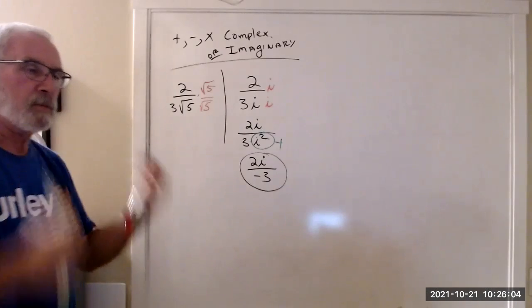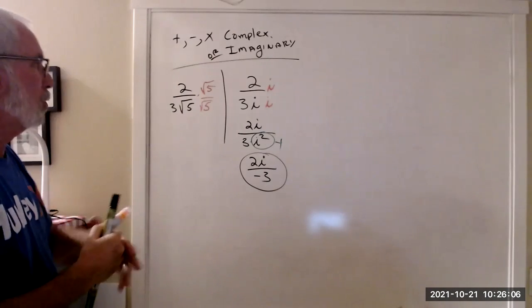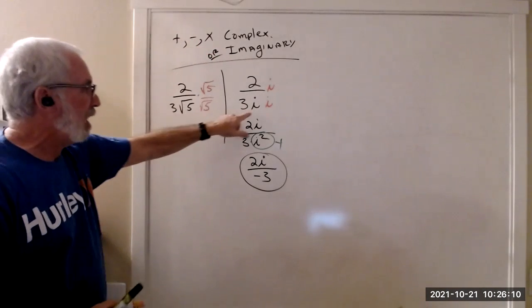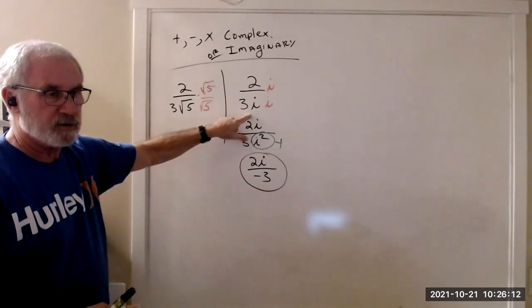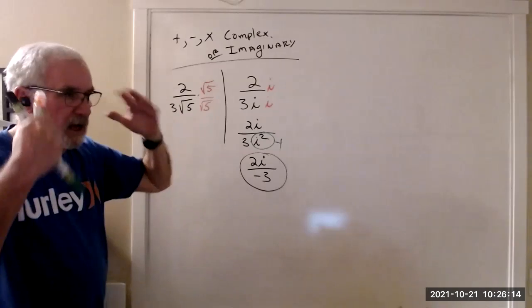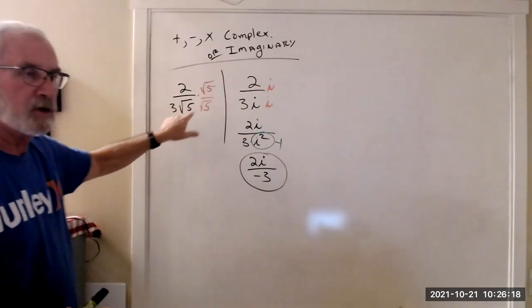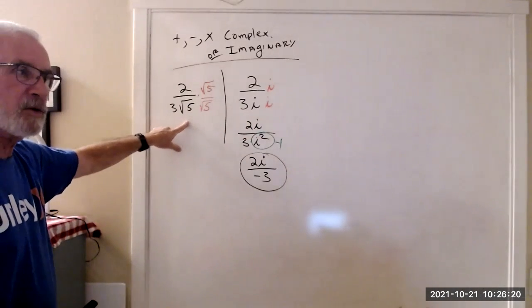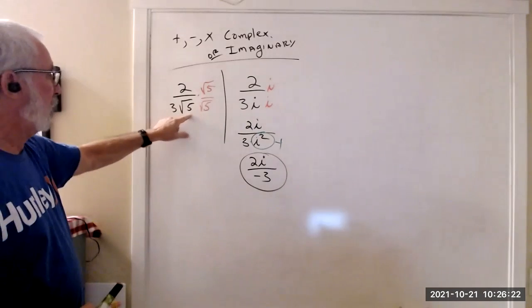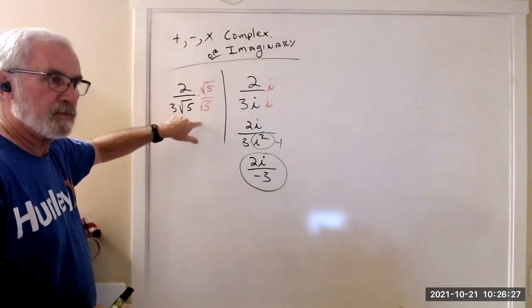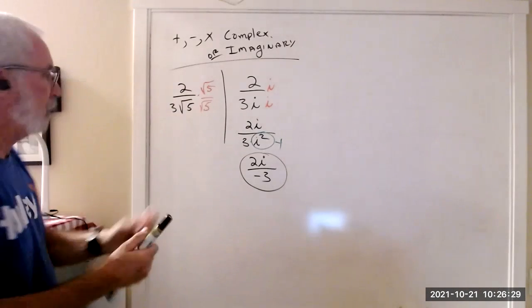The basic fundamental rule for complex or imaginary numbers is you can't have i in the denominator. So in my mind, I see these two problems as very, very similar. You want to get rid of the square root of 5, so you multiply top and bottom by the square root of 5.